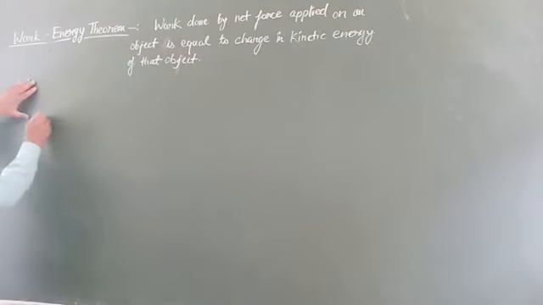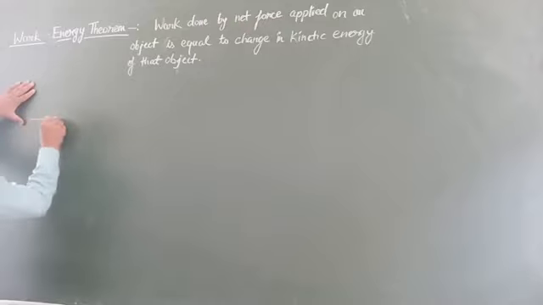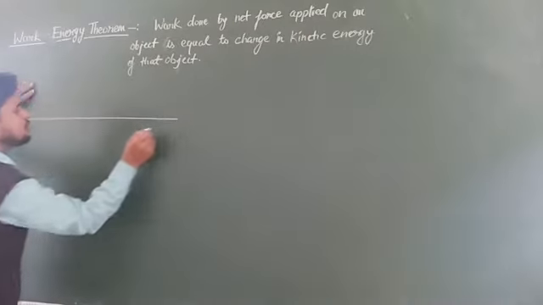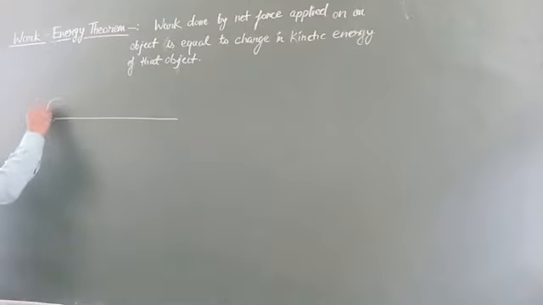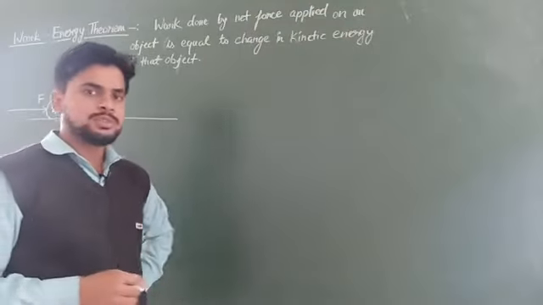Suppose students, there is an object of certain mass m which is initially moving with a velocity u. Okay. Now what happens if we apply a certain force of magnitude capital F on this object? Then acceleration will be produced in the object.